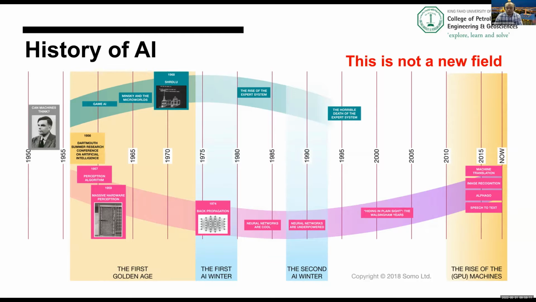But one thing that we need to keep in mind is that this is not a new field, right? So every time you hear about AI, even the architecture that we are using right now, for example, the one that's really powerful for image analysis, the convolutional neural network, was all developed back in the 1980s. But again, the technology wasn't there, so today we can start using it. So this is not a new field.